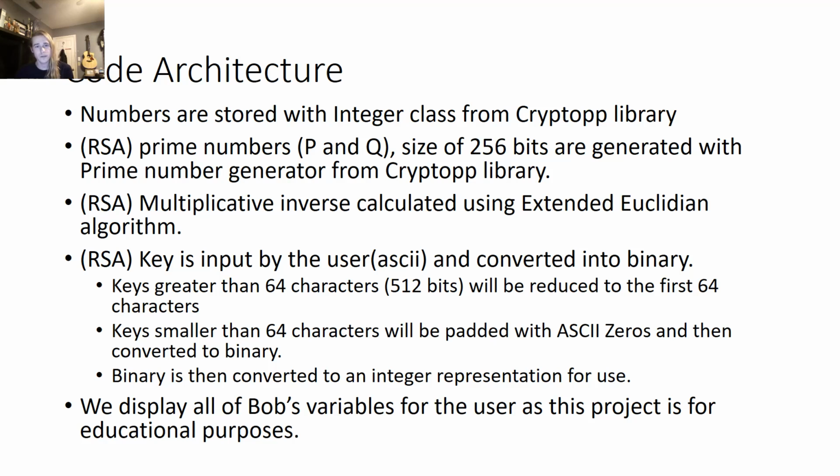Our multiplicative inverse is calculated using the extended Euclidean algorithm, and our key is input in ASCII and then converted to binary. Keys that are greater than 64 characters or 512 bits will be reduced to the first 64 characters, and keys smaller will be padded with ASCII zeros and then converted to binary. The binary will then be converted to an integer to be used for RSA.